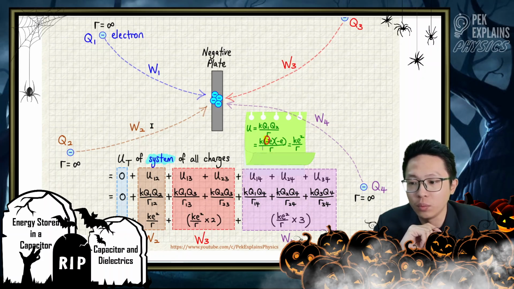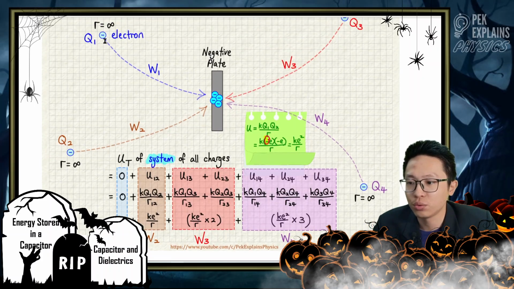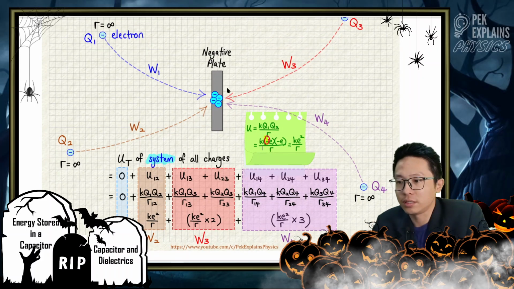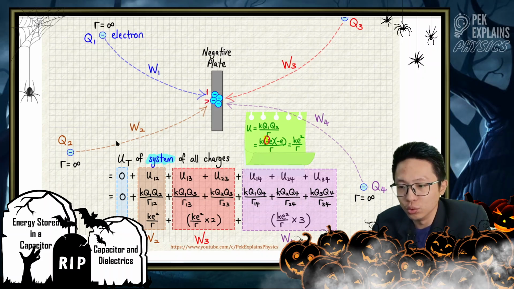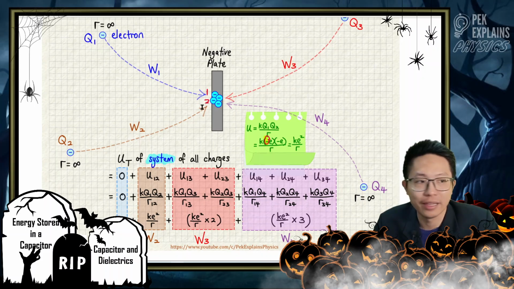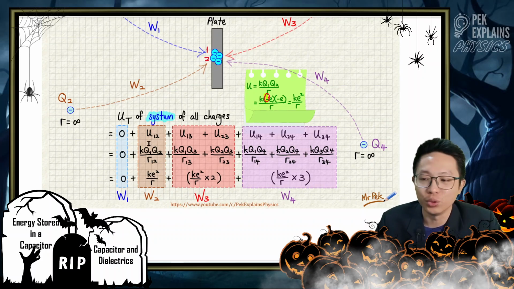So what is the work done? That is U12, the interaction between charge 1, which is now already in the negative plate, and charge 2.